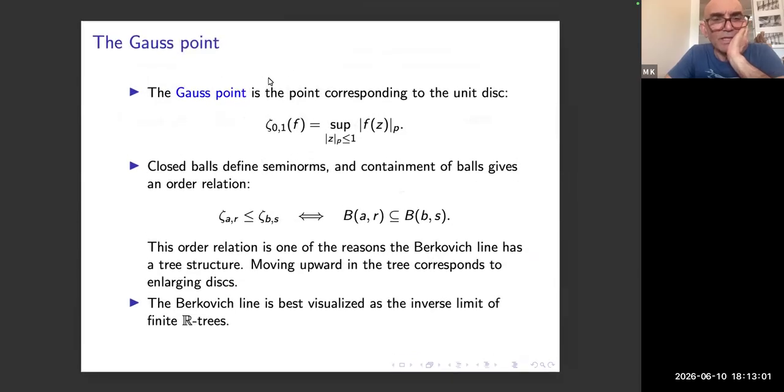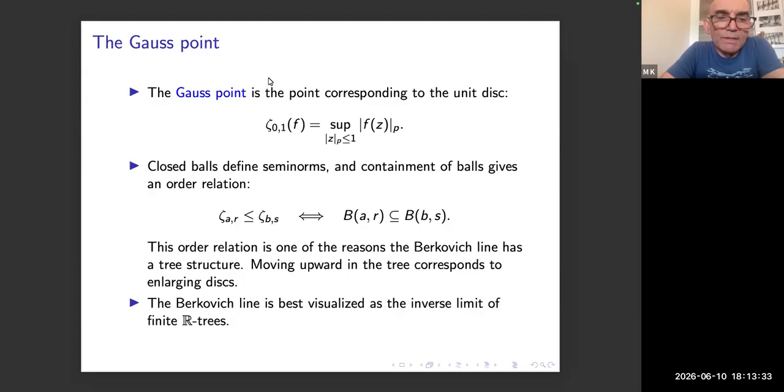There is one point that plays an important role: the Gauss seminorm, which corresponds to the disk of unit radius around 0, that is zeta_{0,1}. I don't know why it's called the Gauss point, maybe because Gauss' lemma is used to show that this is actually multiplicative, as we were discussing.